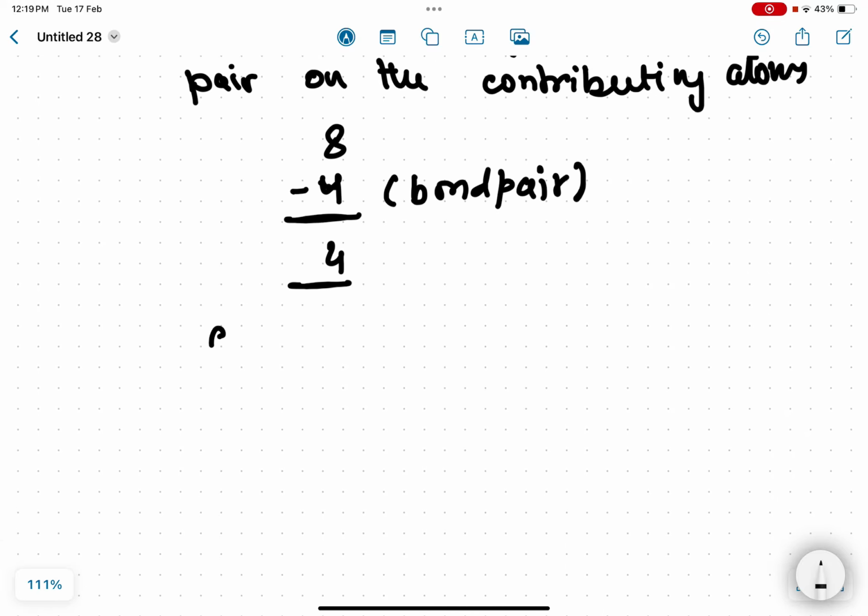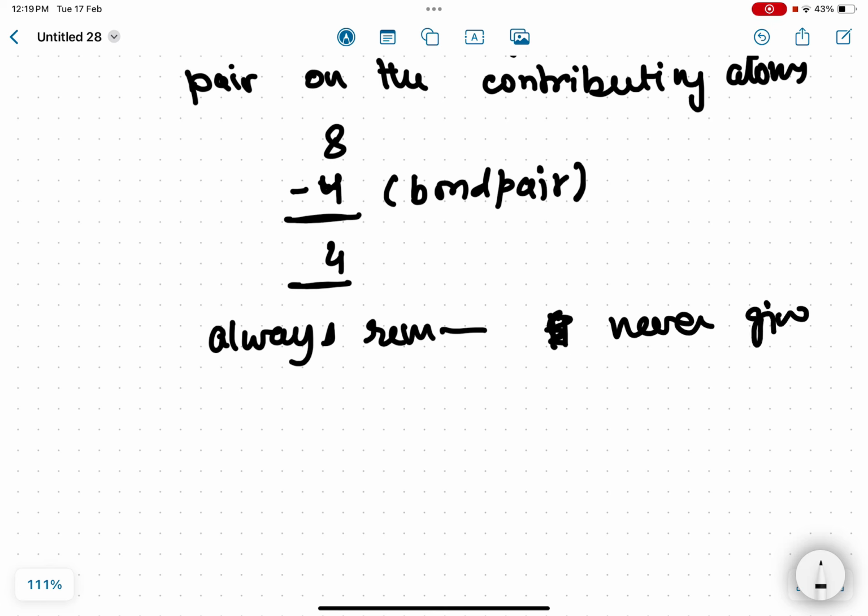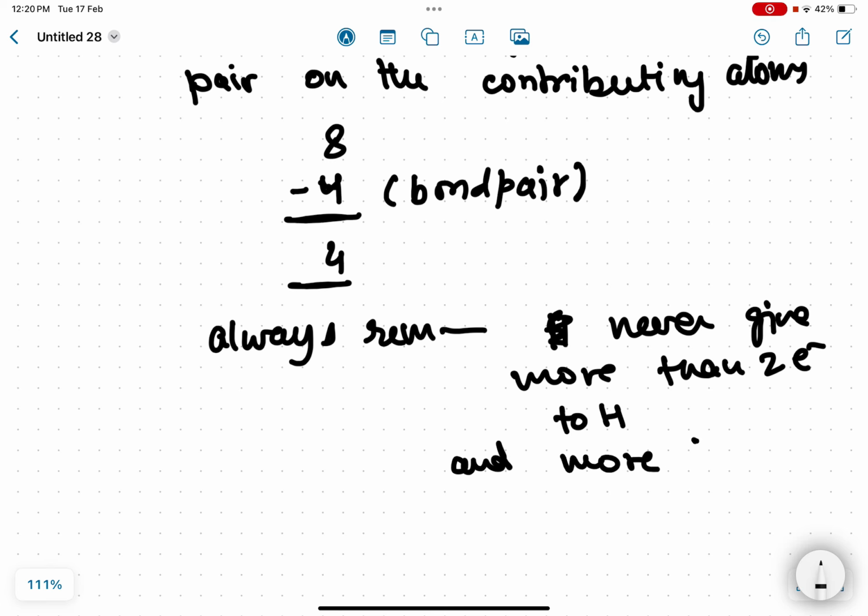Now always remember that we can never give more than 2 electrons to hydrogen and more than 8 electrons to any other atom.